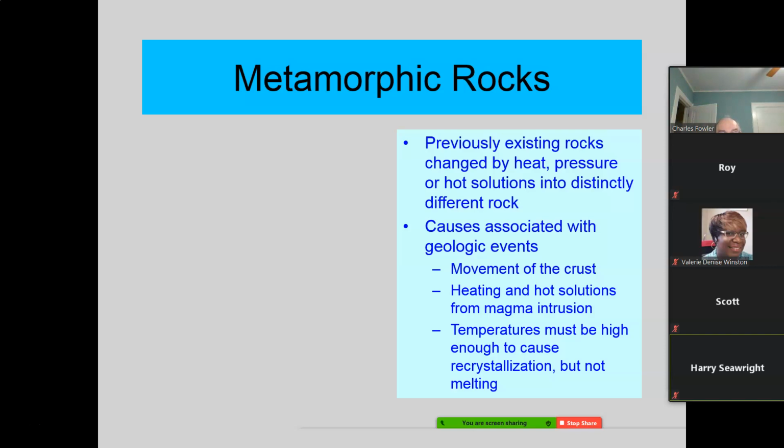Now, usually that does mean changing crystal structure, and we'll see examples of that. Now, the causes are usually associated with geological events. For instance, the movement of the crust. That's going to be the next chapter. The movement of the crust, number one, if they're moving against each other, friction produces heat.